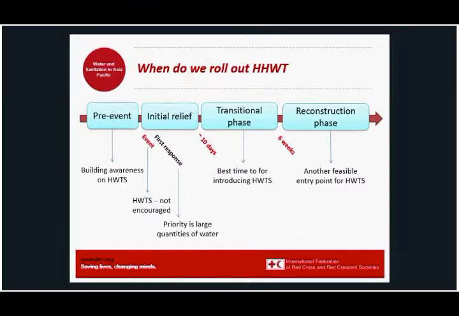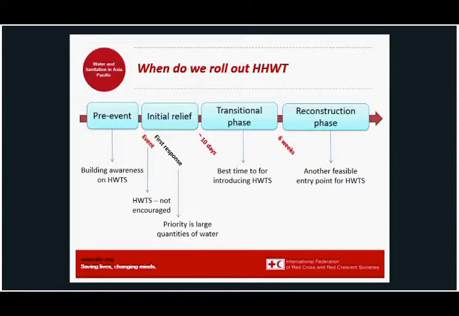Let's talk about the pre-event, or before the emergency. Usually during this phase, what we can do for household water treatment and storage is stock all the materials for household water treatment and storage, and we also collect information on the local capacities related to household water treatment. What this means is user awareness, availability of local implementers, and also availability of trainers.